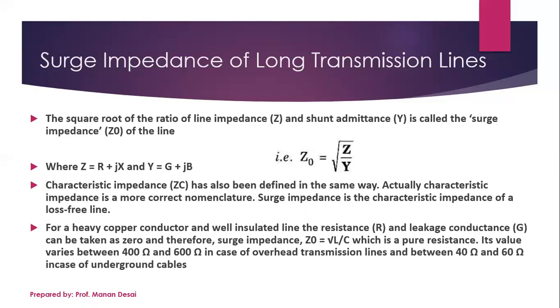For a heavy copper conductor and a well-insulated line, the resistance R and leakage conductance G can be taken as 0.